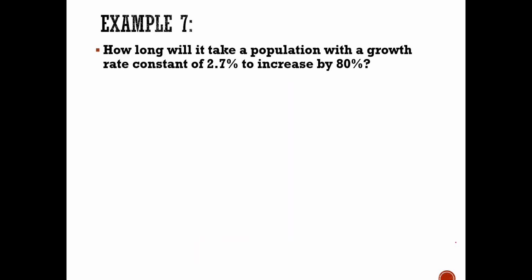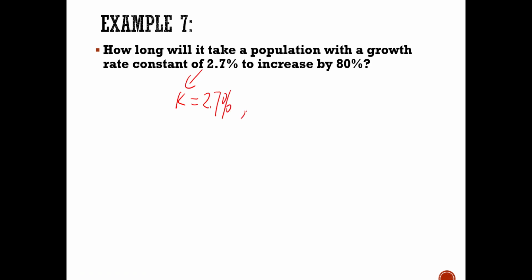Now the last question we have here is, how long will it take a population with a growth rate constant of 2.7% to increase by 80%? All right, so the k given is 2.7%. That's given. And we know the relationship between the initial population and ending population.